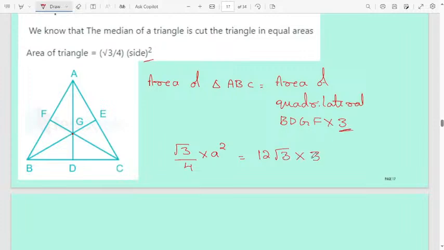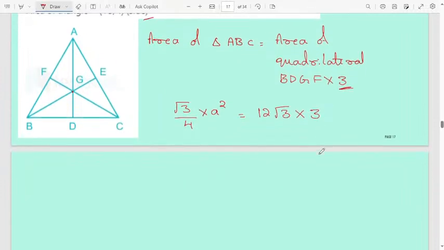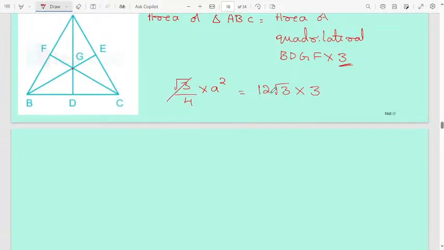Then root 3 will get cancelled. Then a square will be equal to 12 into 3 fours are 12. Then the value of a will be 12 centimeter.